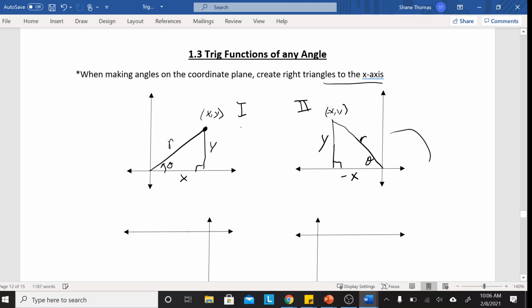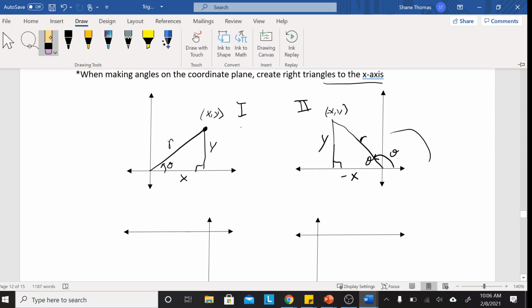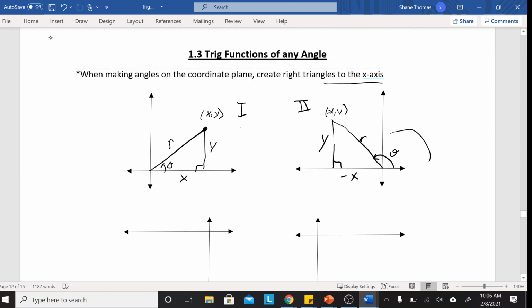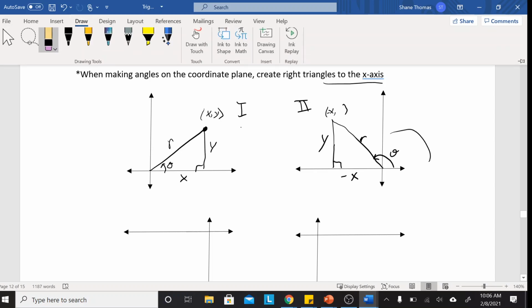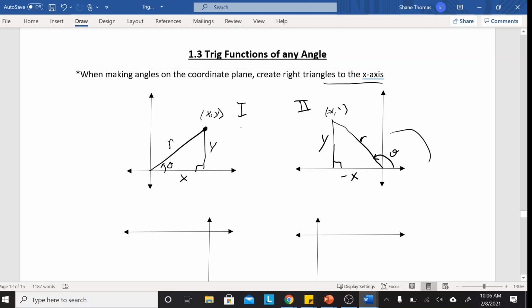Now here's my theta. And as you see, my x is negative. Your radius is always, always, always going to be positive. Your x and y's are going to be negative or positive values based on where they exist, but your r is always going to be positive. So that's what we look like in quadrant two.